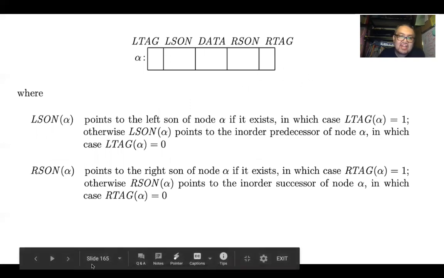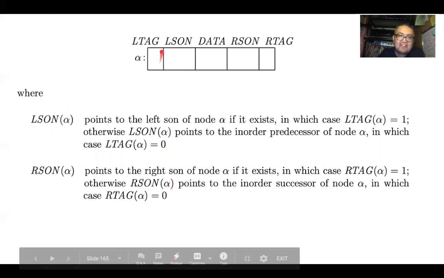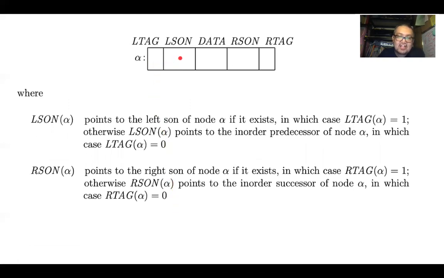So the idea with the left tag and the right tag is if the left pointer points to an actual left child, then the left tag will be one. However, if the node has no left subtree, therefore the left pointer should point to the in-order predecessor, then the left tag will be zero.